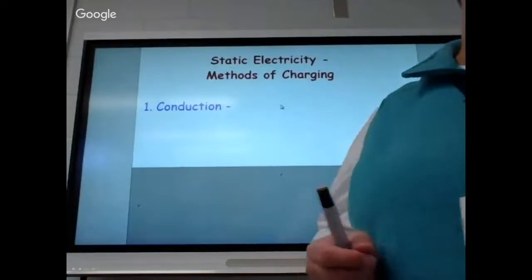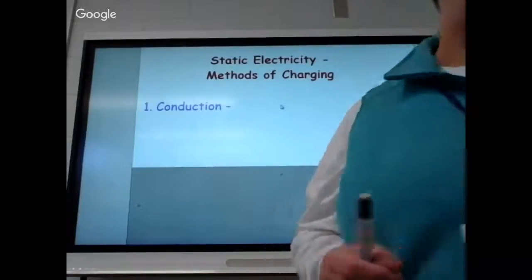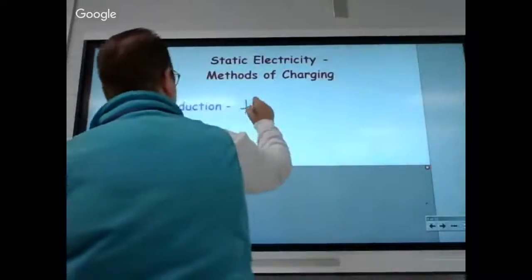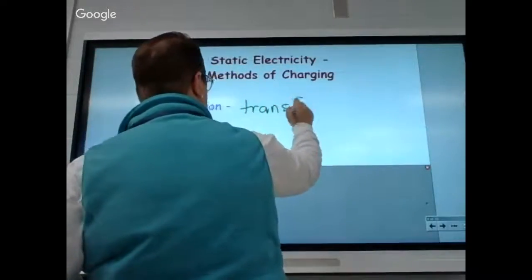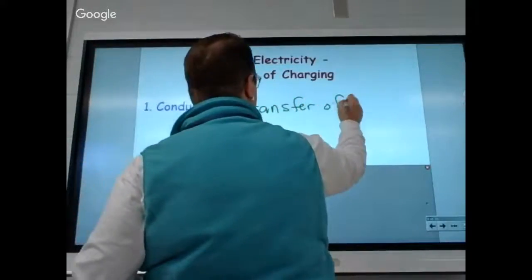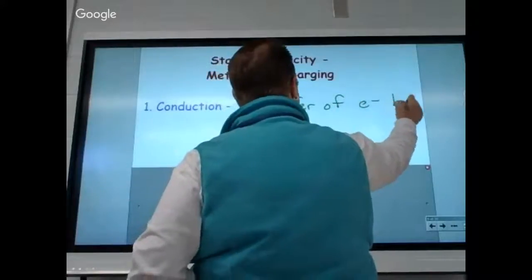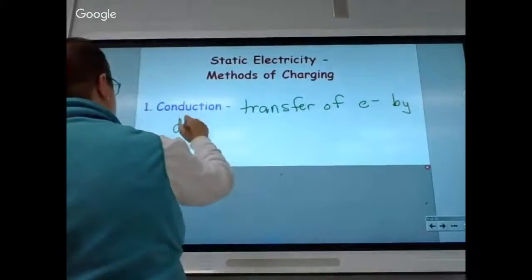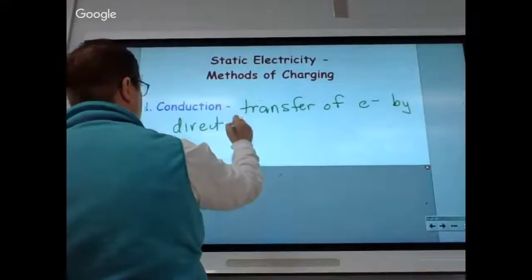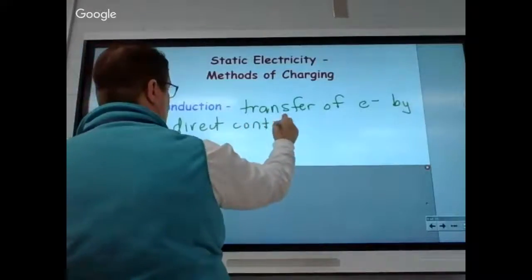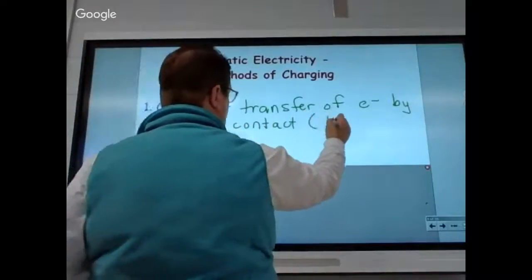Sliding against each other is going to be a different type, so hold that thought for the next type. So conduction is the transfer of electrons by direct contact, or as y'all said, touching.